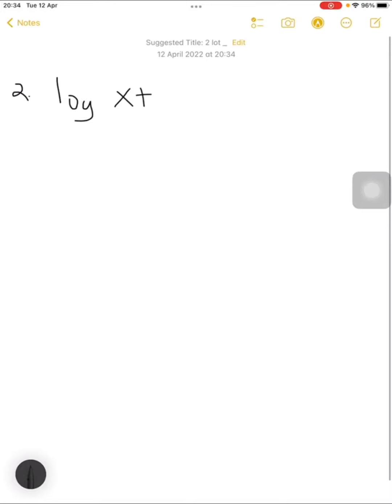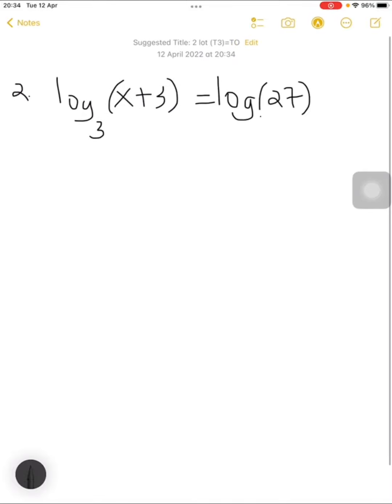For example number 2, we have log of x plus 3 base 3 is equals to log 27 base 3. For this one, you can see we have log base 3 on both sides.